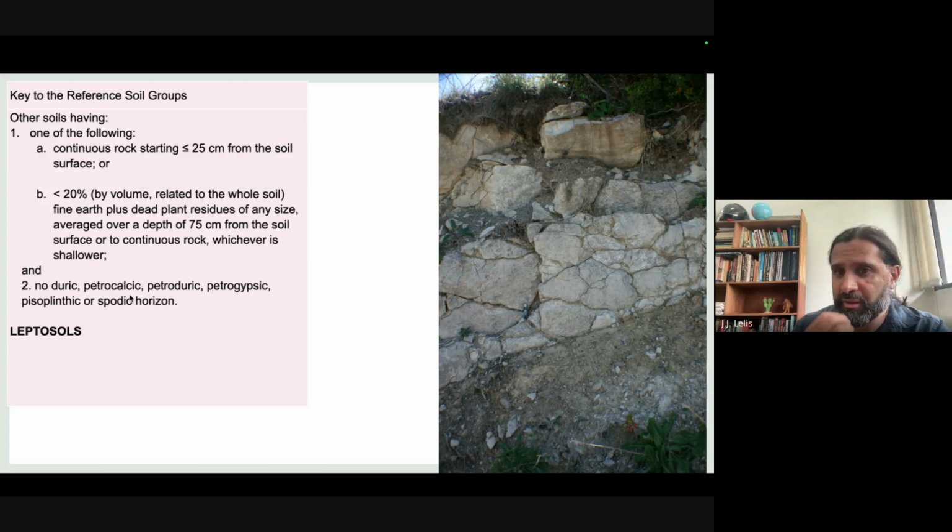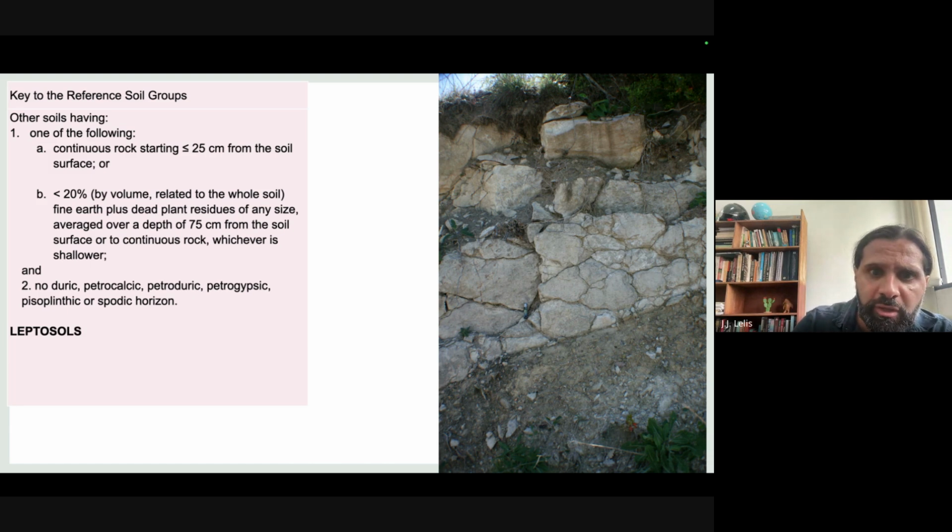The Leptosols are soils that show a very limited weathering of the rock, and because of this, the rock is quite close to the surface, and/or we have intense erosion, and because of this intense erosion, the rock is quite close to the surface. So the Leptosols are those soils that will have a lot of gravels and/or rock close to the surface and no other layer that expresses root growth limitation because of, for example, cementation by calcium carbonate or gypsum.